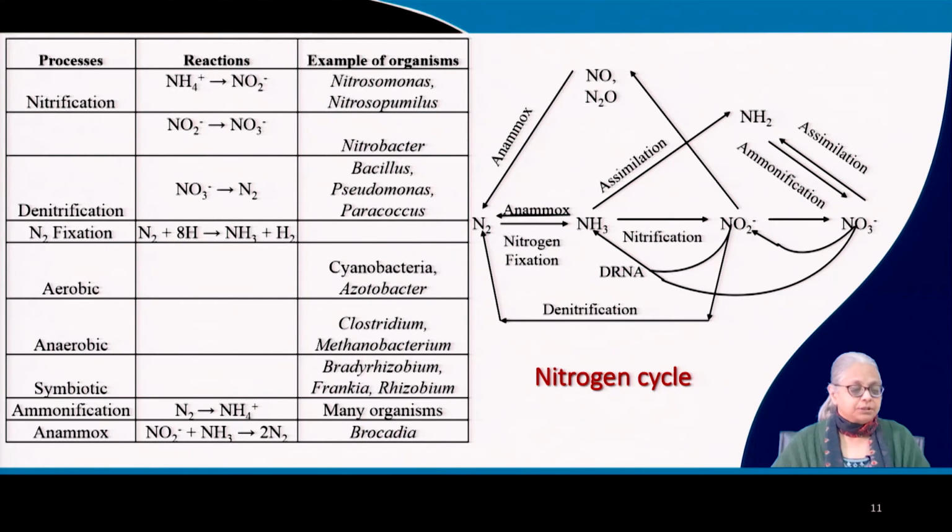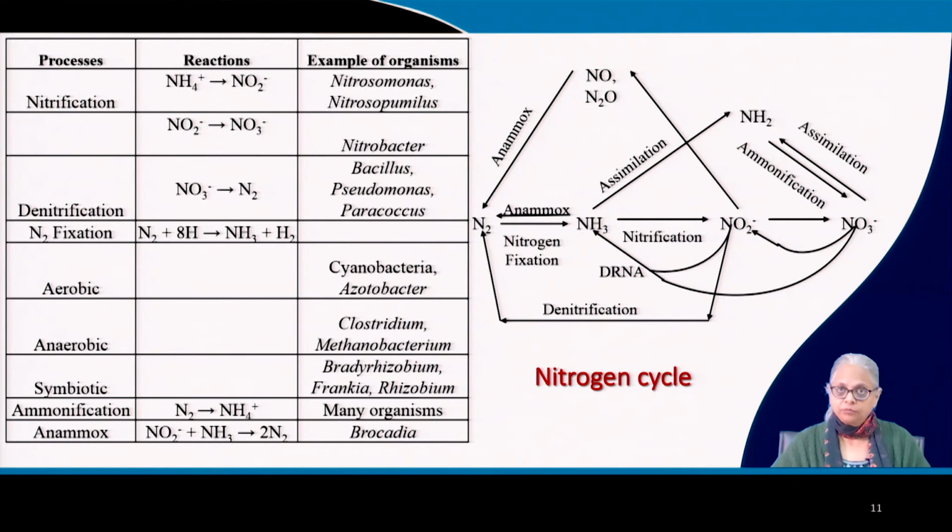Here are some examples of the bacterial species that are responsible for mediating all these reactions. So you have the nitrification reaction. Ammonia to nitrite is done by Nitrosomonas. Nitrite to nitrate is done by Nitrobacter. Denitrification, where nitrate and nitrite are converted to N2, is done by Bacillus species, Paracoccus, Pseudomonas.